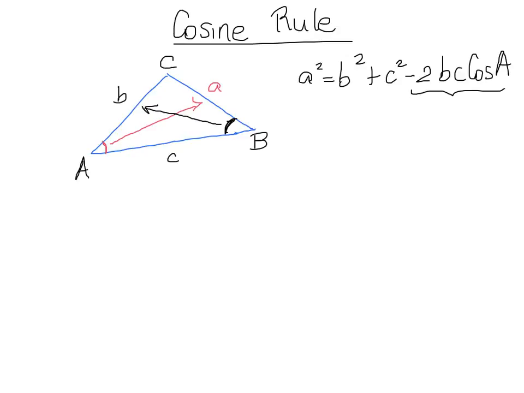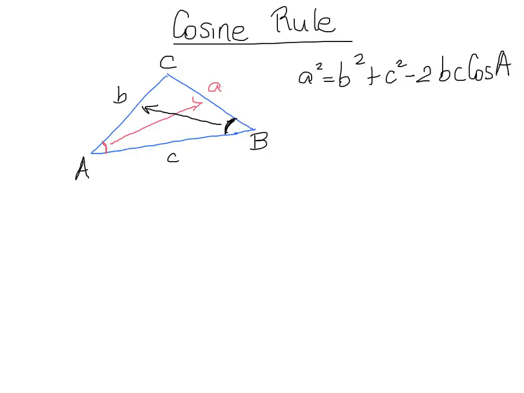That's a little bit of extra information. Just know that the cosine rule is really only beneficial if you have a non-right angle triangle.